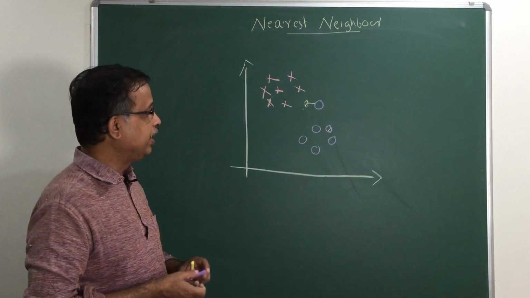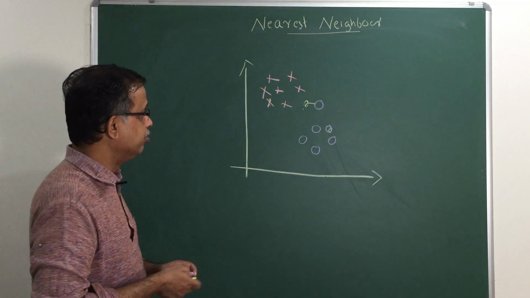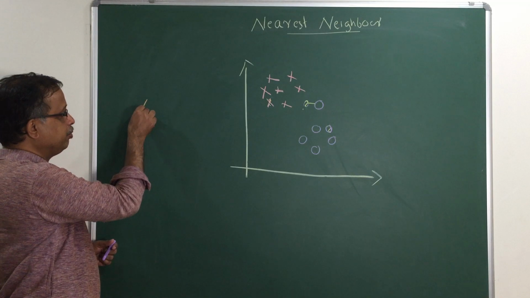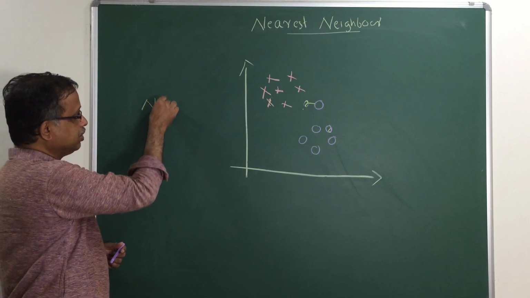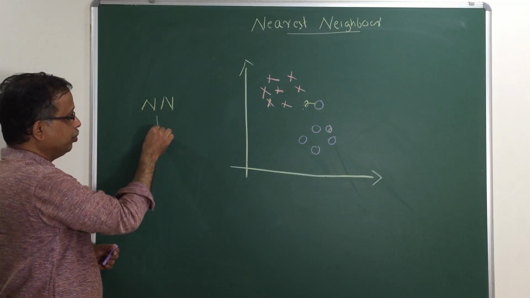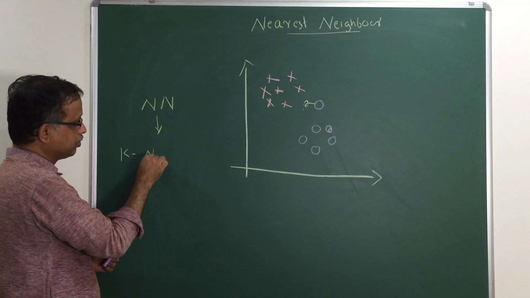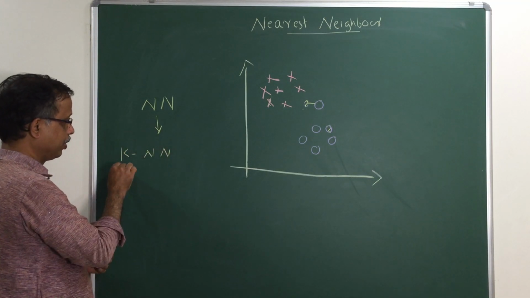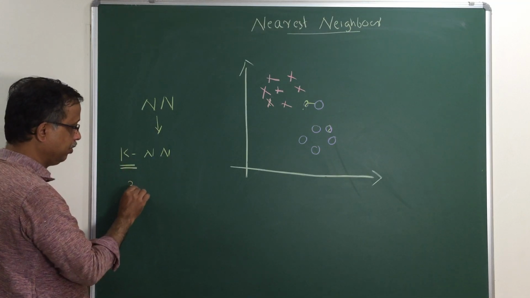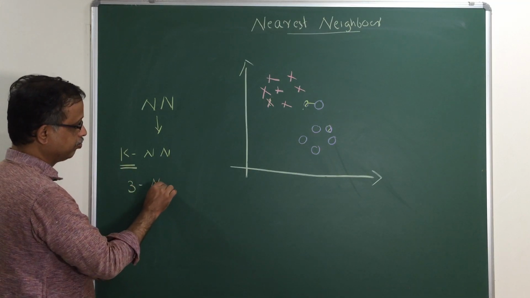So one way where we can improve this algorithm is moving from the nearest neighbor to k nearest neighbors. Say 3 nearest neighbors.